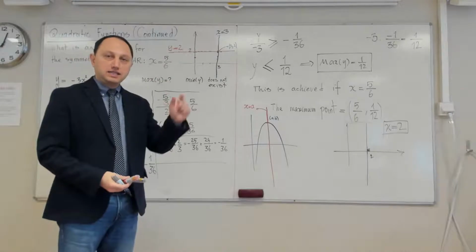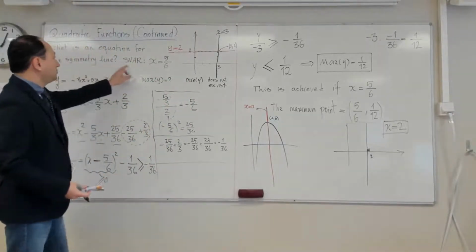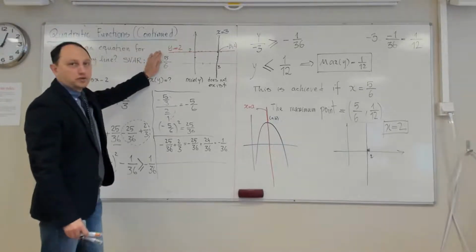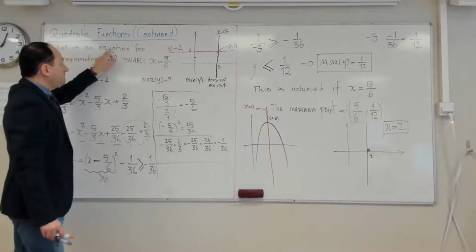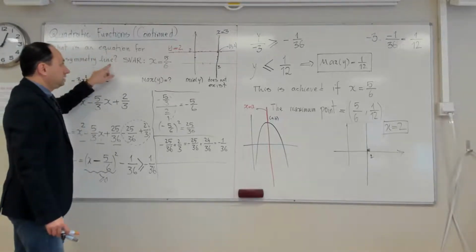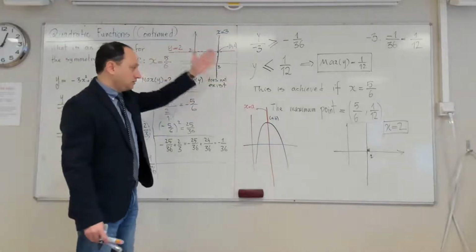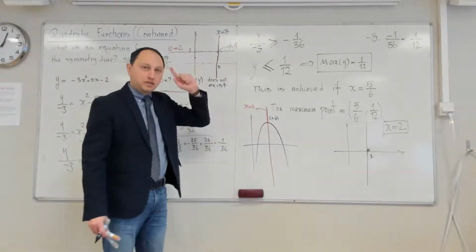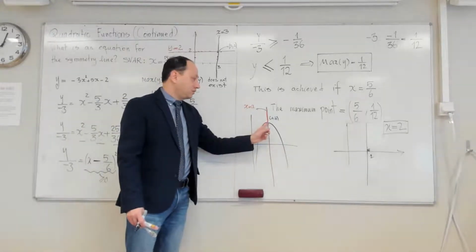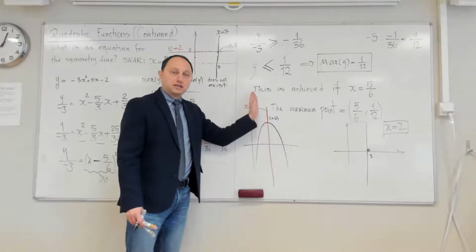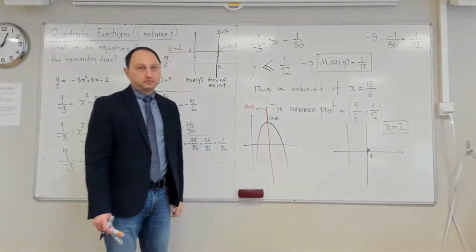An equation needs an equality sign. If you write just 5 over 6, it is wrong and you will lose all the points. So x equals 5 over 6 is an equation for the symmetry line. Remember this: the symmetry line is a line that passes through the turning point, perpendicular to the x-axis.